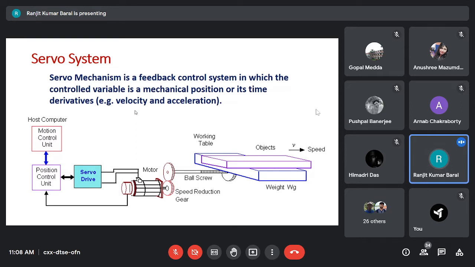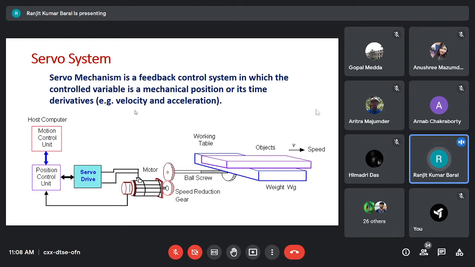They are controlled by hydraulic systems, so they are called hydraulic servo systems. And in various other applications, pneumatic systems are also applied. Depending upon the type of the actuator, it is called a pneumatic servo system, hydraulic servo system, electrical servo system, like that.